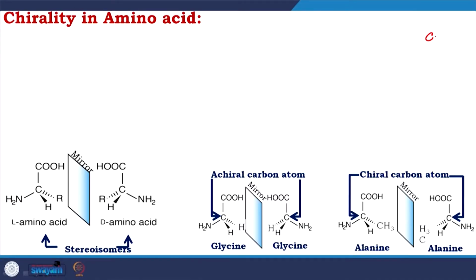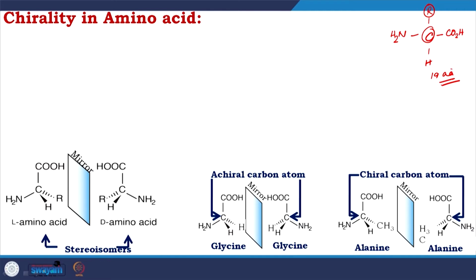And amino acids have chirality because they have a carbon, they have a CO2H group, they have an NH2 or NH3 group, they have a hydrogen, and 19 of the 20 amino acids have a fourth group different from hydrogen; only glycine has the hydrogen.